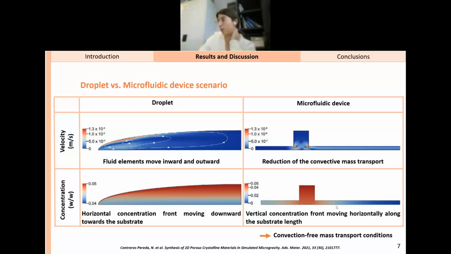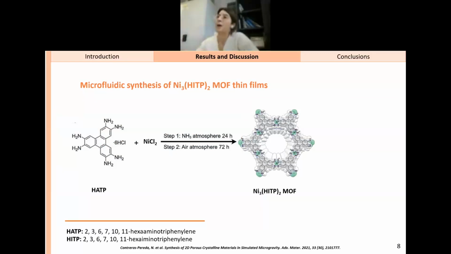So these simulations show that you can actually have these convection-free mass transport conditions that are also present in microgravity conditions. So after explaining a little bit this part, I want to show you the first synthesis that they have performed in the paper.